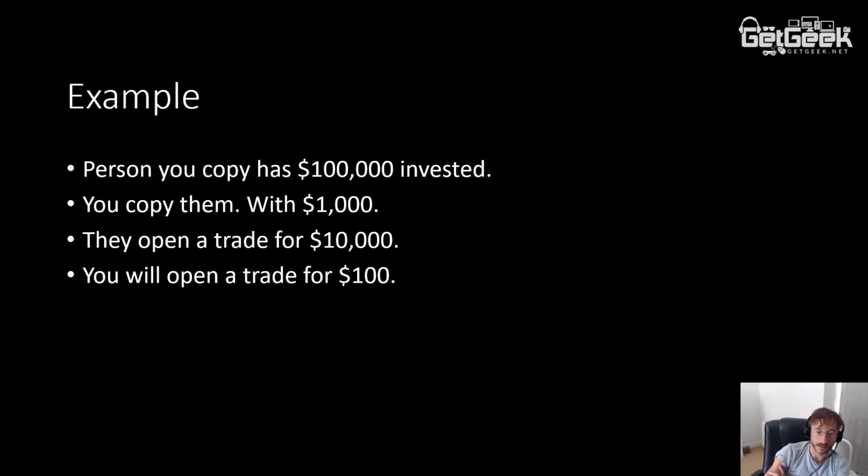Now, I know these numbers are big and rounded, and the chance of someone actually investing 10 grand in one trade is very, very slim. But that 10% of their $100,000 would mean that you would then open a trade for $100. So yeah, that's just the basics of it.